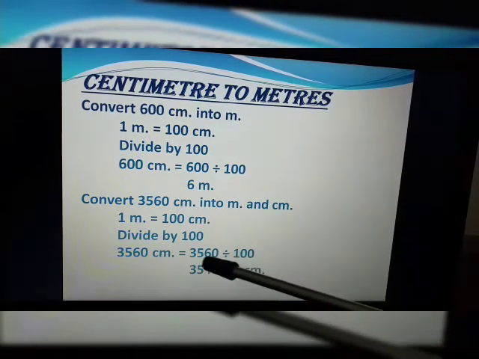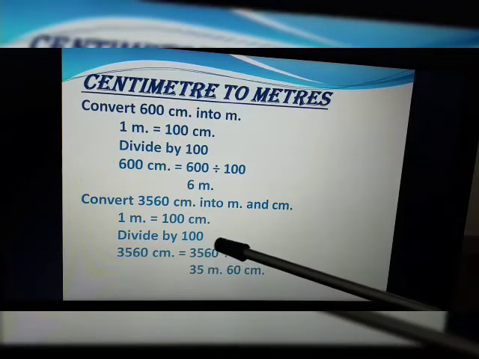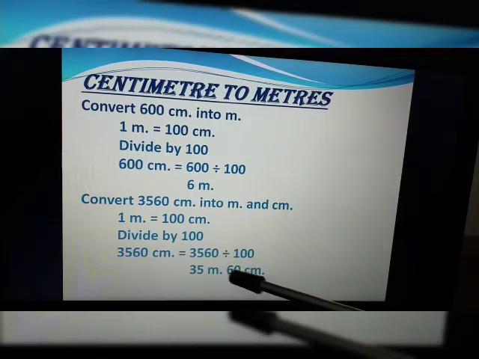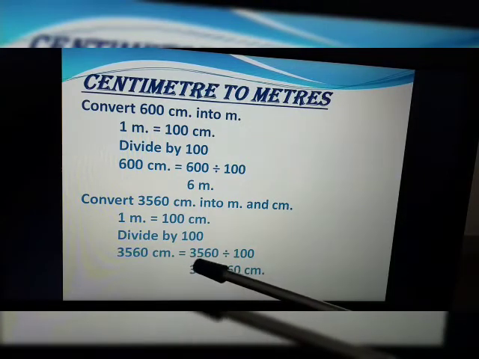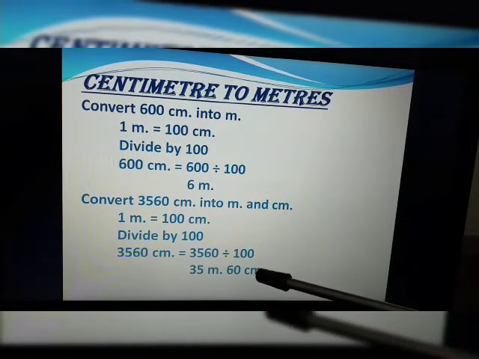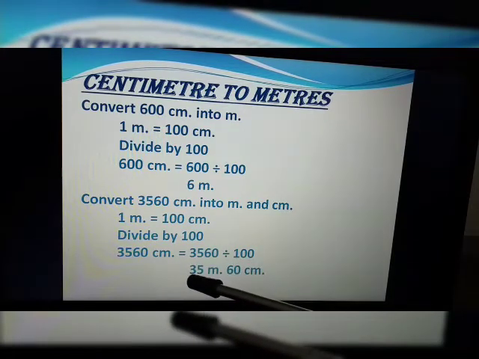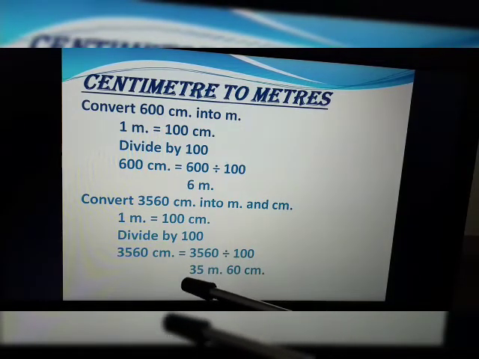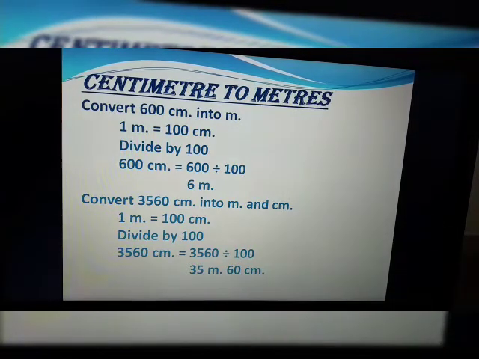Now the last two digits are 60, 6 and 0, and centimeter is always written in two digits. So the last two digits will be centimeter and the rest of the digits will be meter. So here 60 will be centimeter and the rest of the digits, that means 35, will be meter. So the answer will be 35 meter and 60 centimeter.